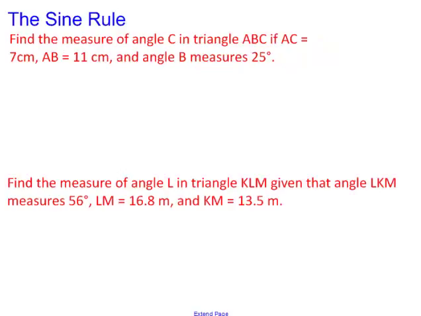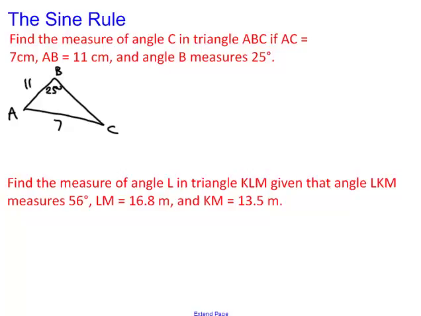Now, there are some cases here where we run into some troubles because there are actually two possible angles at times. So looking at this next one here, triangle ABC, again, just setting up a random triangle. I like to just label that so I can see a picture of what we know. AC is 7, AB is 11, and angle B is 25 degrees.